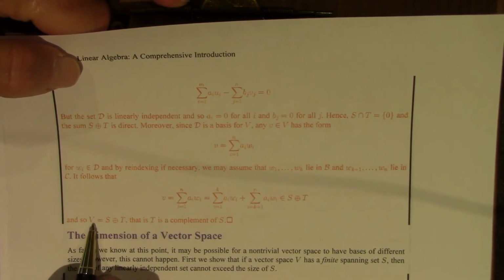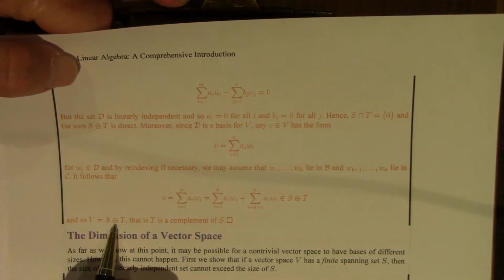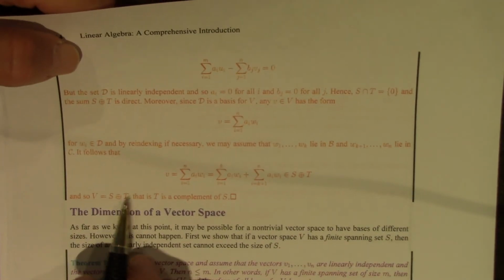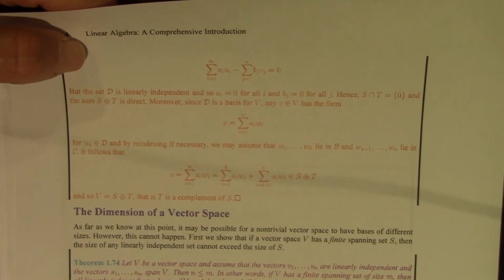Therefore, all of V is in the direct sum, and T is a complement of S.